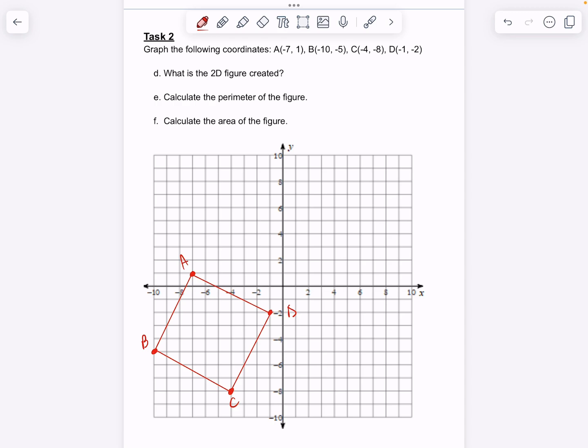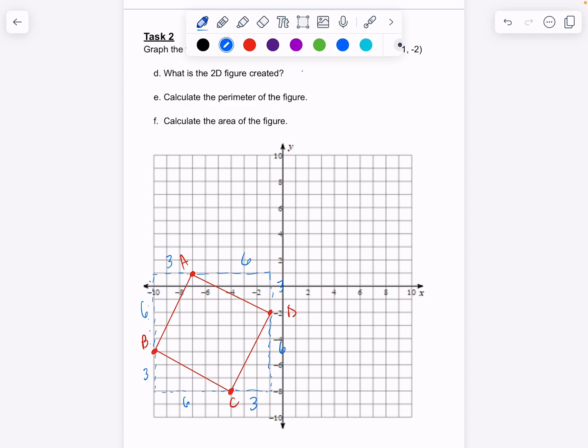So at this point, to find either the perimeter or the area, we need the side lengths. So let's go ahead and kind of make these triangles around here. And what you'll notice in this exact example is that all of my triangles have the exact same dimensions.